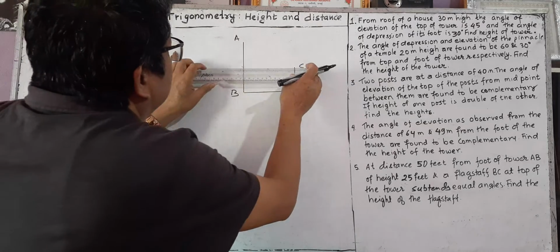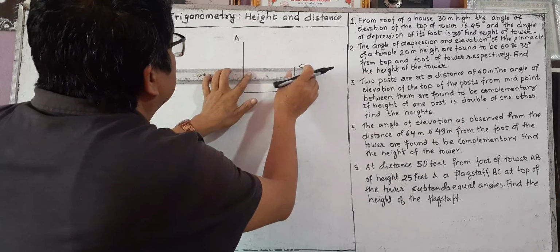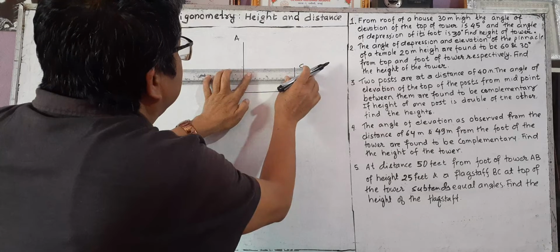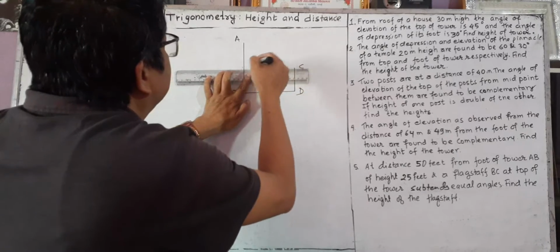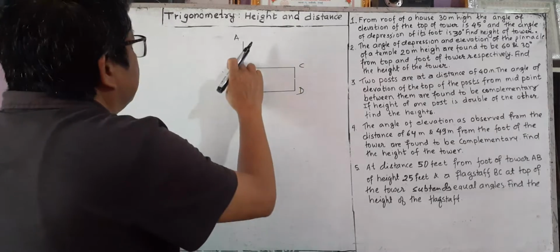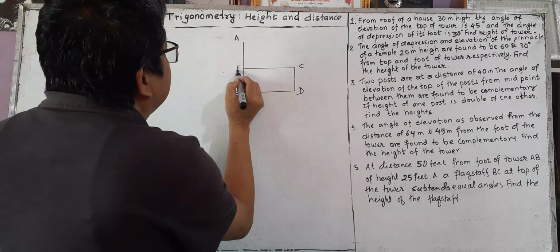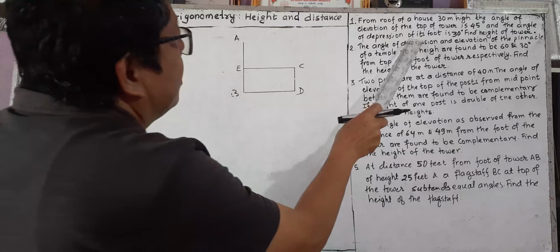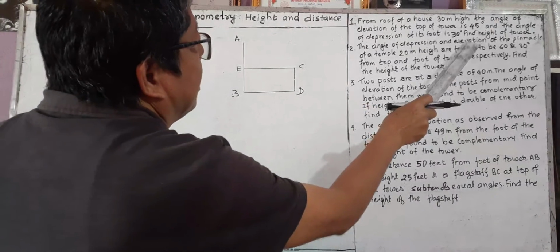So look at here now. We draw a line parallel to BD through C. Let it be E. And the depression and elevation angles.